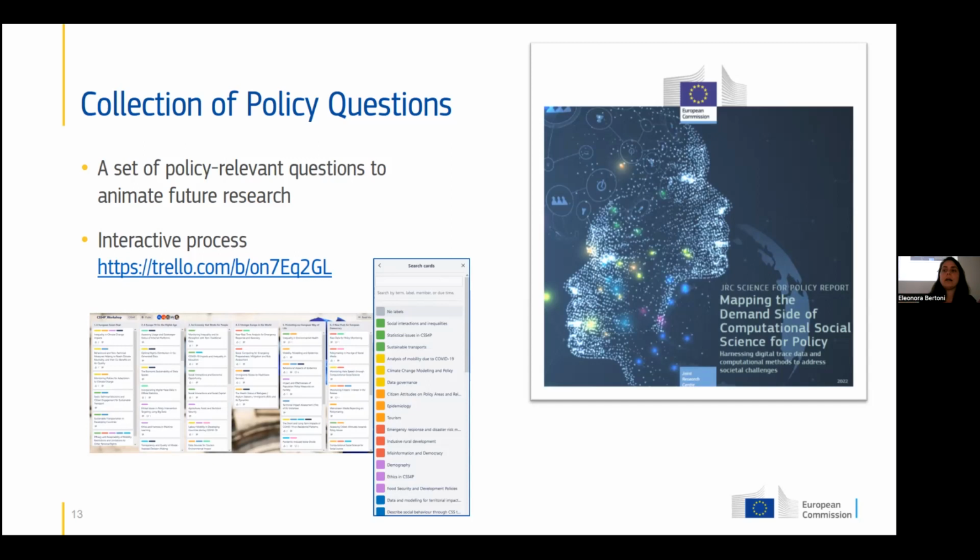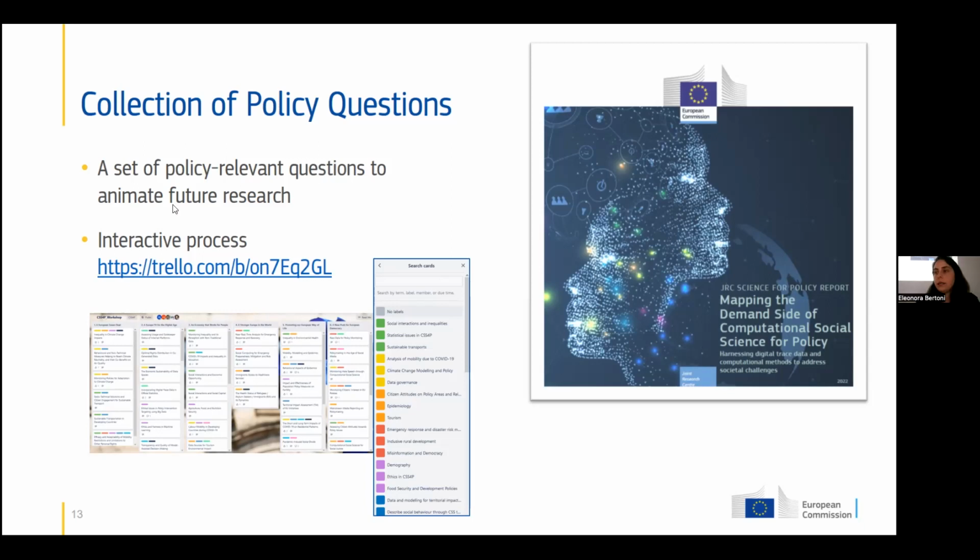So scientists could post the research questions up there, and from the policy side, we could have some sort of feedback, and there could be a back and forth to get to an agreed set of policy questions. This set was actually published as a Science for Policy report within the JRC.